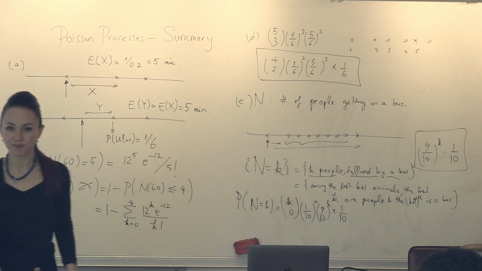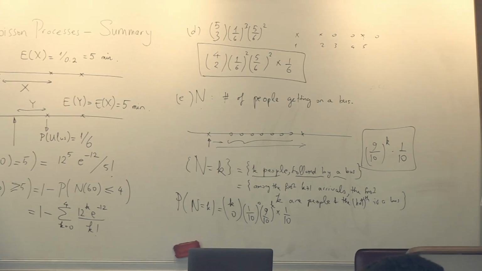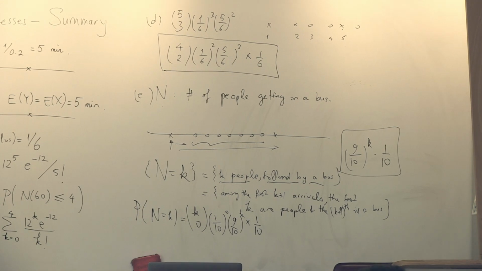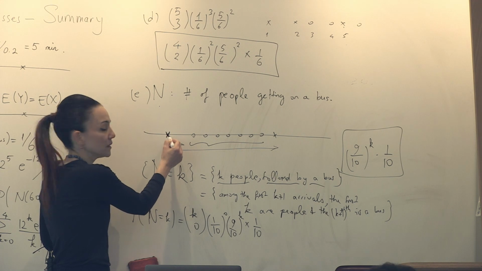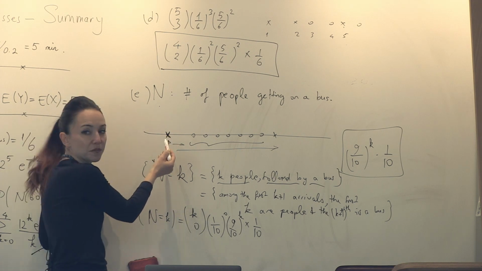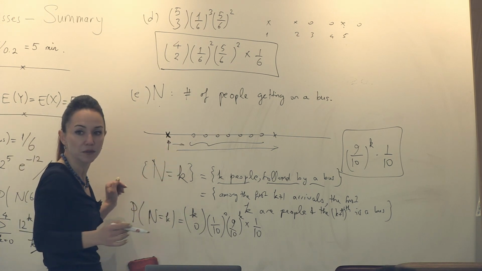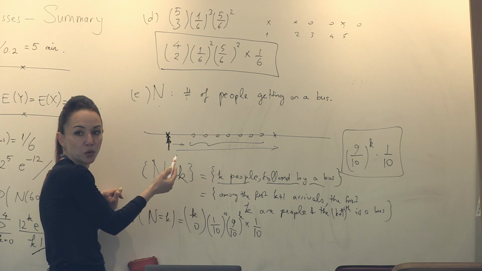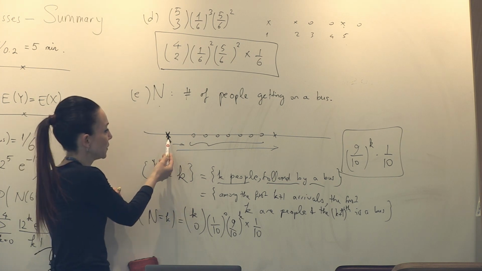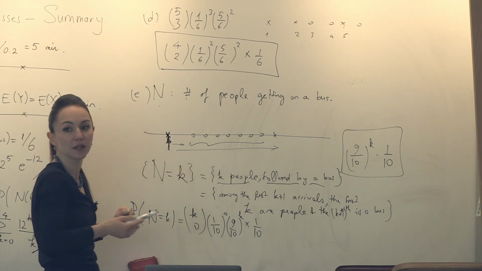I feel like we should have the zeroth arrival a bus so that we don't have any other people waiting already. But I'm starting from this instant when the last bus left. I know that at this point the bus stop is clear. And when I start here, I start fresh, because even if there's an arrival, this is an arrival instant, the Poisson process starts fresh at that point.